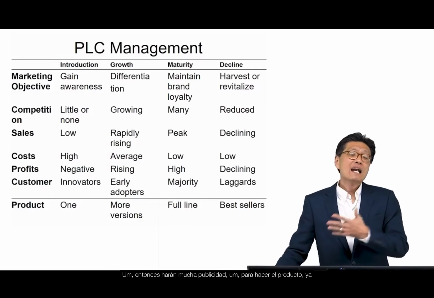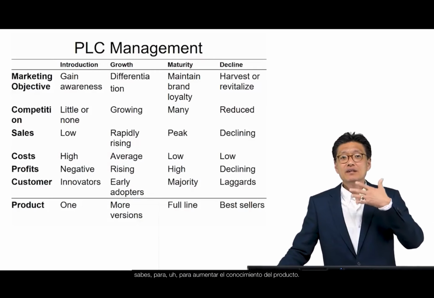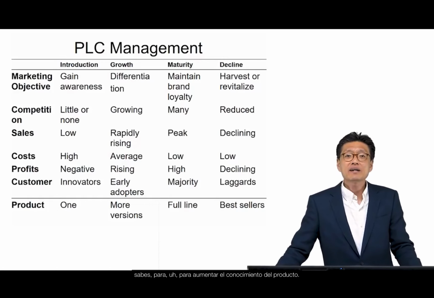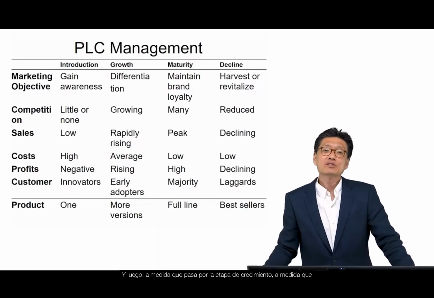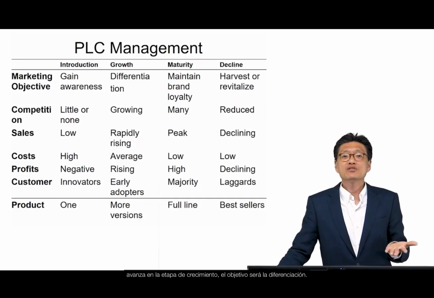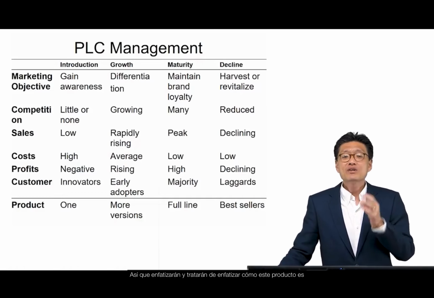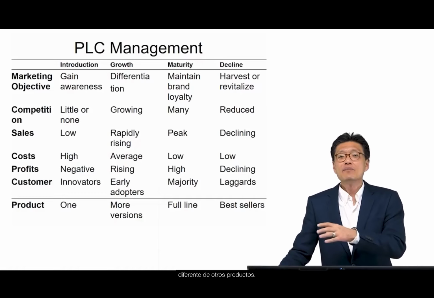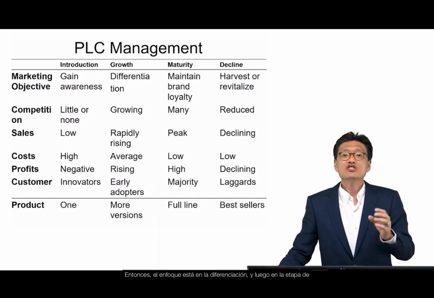So they'll do a lot of advertising to increase the awareness of the product. Then as it goes into the growth stage, the objective will be differentiation. They'll emphasize how this product is different from other products. So there the focus is on differentiation.